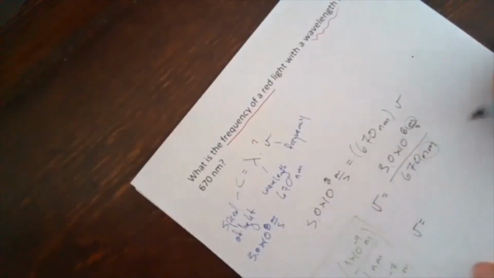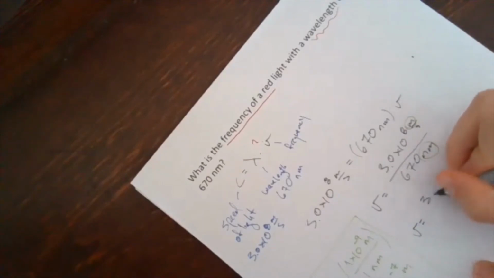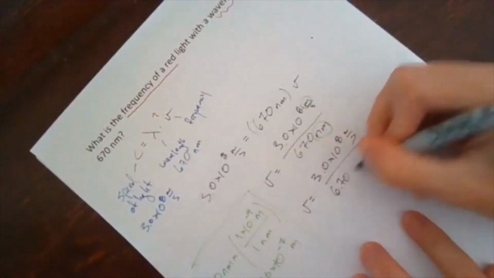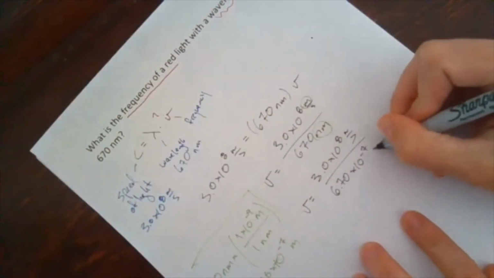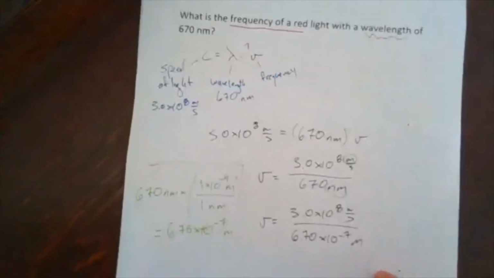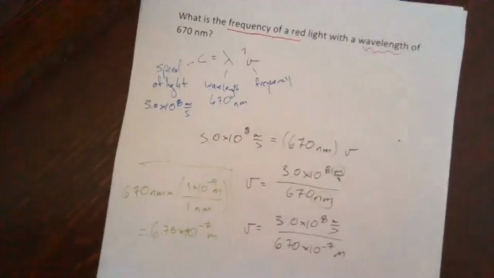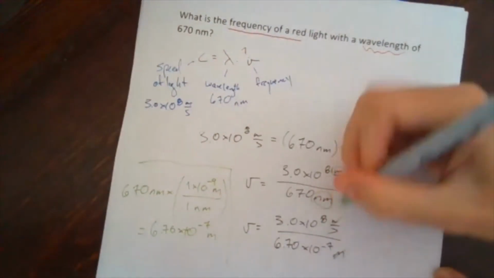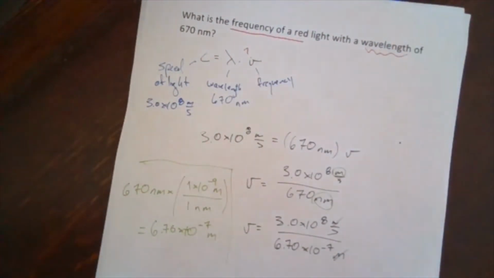I can go ahead and plug that back in. This representation is the same distance, just a different unit. So 3.0 times 10 to the 8th meters per second divided by my 6.70 times 10 to the negative 7 meters. I can see now meter and meter cancel out, which is good.